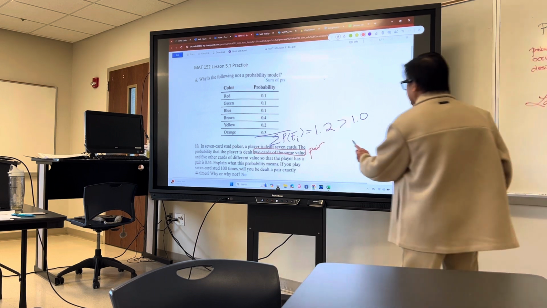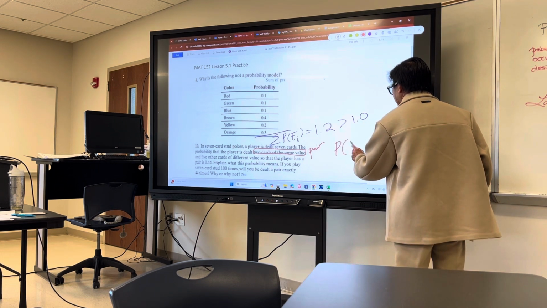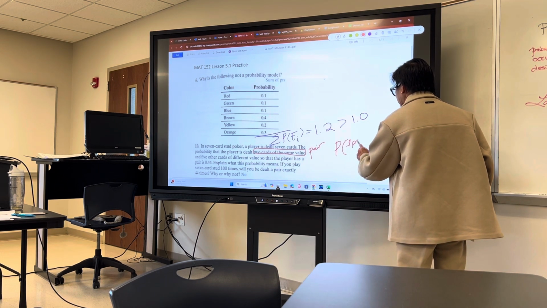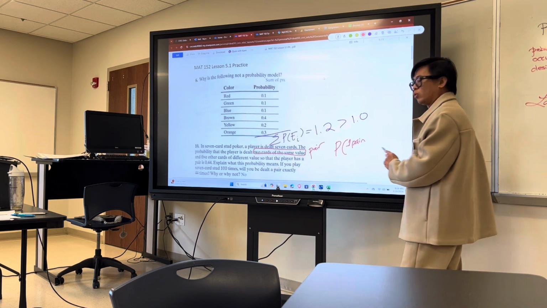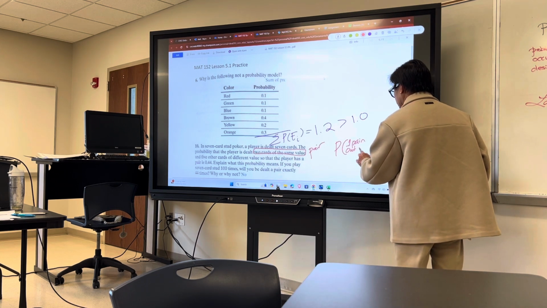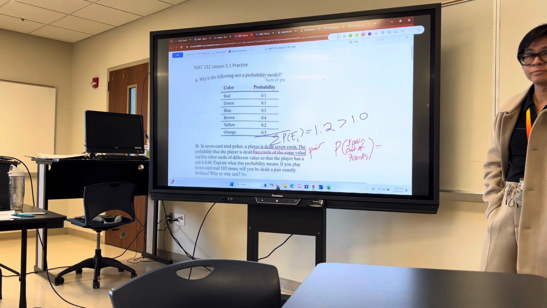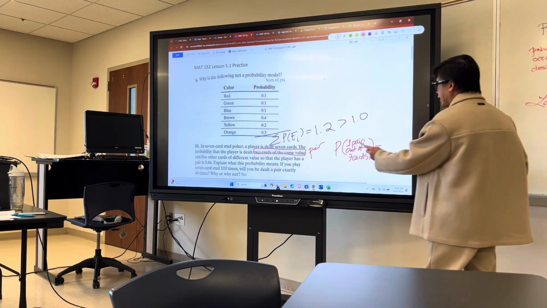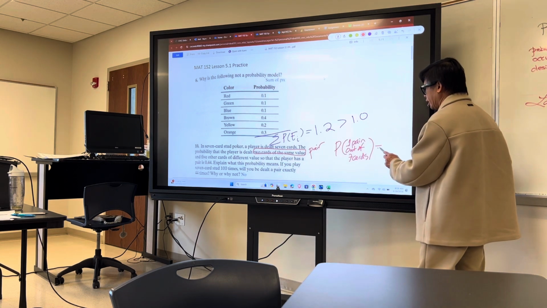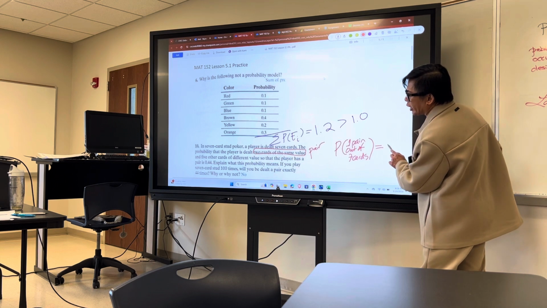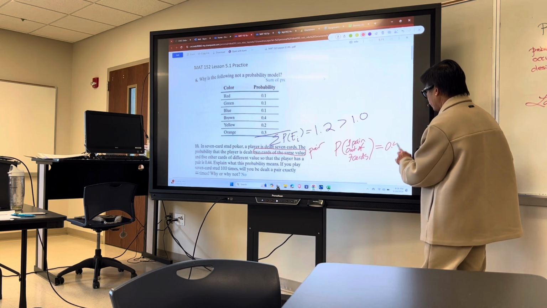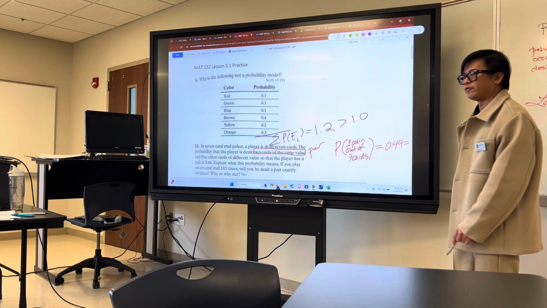So what can you say about this one? So it says in here, the probability of getting just 1 pair, right? Okay. 1 pair out of what? Okay, so the probability of getting 1 pair out of 7 cards is equal to 0.44, right? And we can write it down as 44 hundredths.